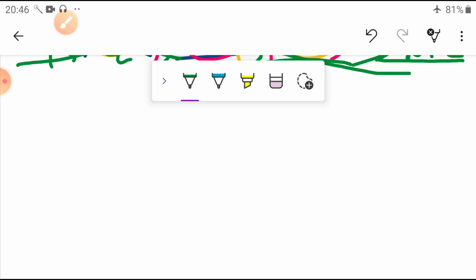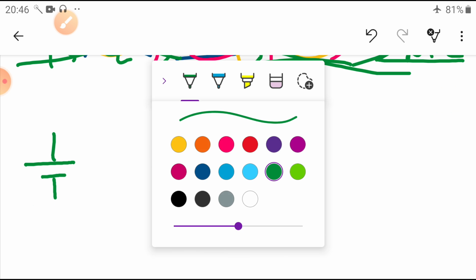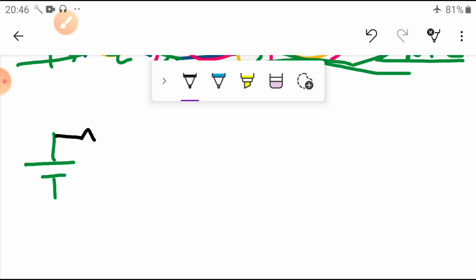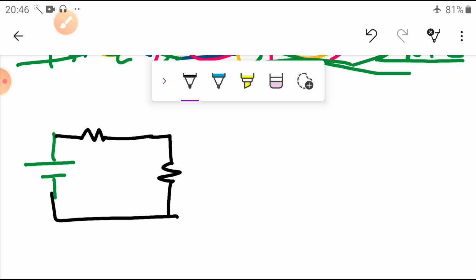Here, what we have seen in the first case, what is given? Here one source is given. Now here one resistance is connected, another resistance, and here another resistance, and another source is given.